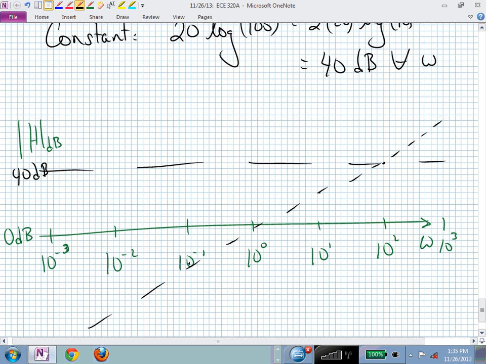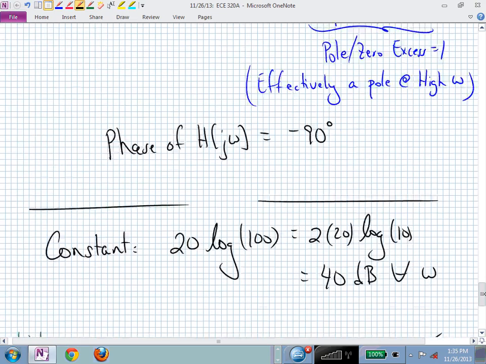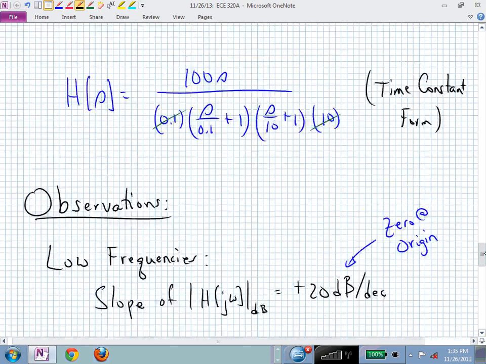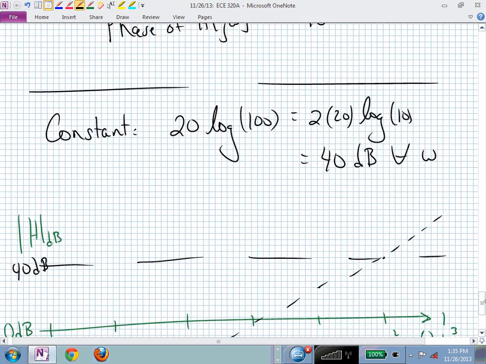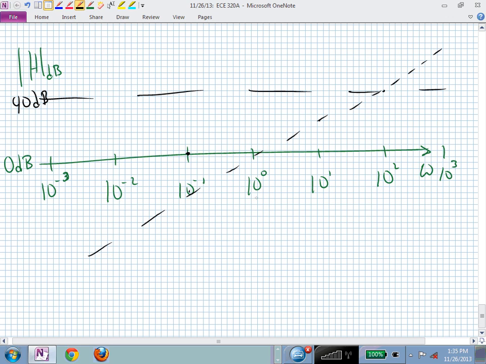Very small at low frequencies and very big at high frequencies. Then I have a pole at 0.1, and a pole at 10. And now I just put them together.